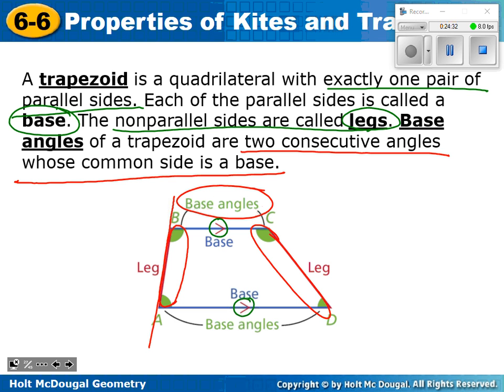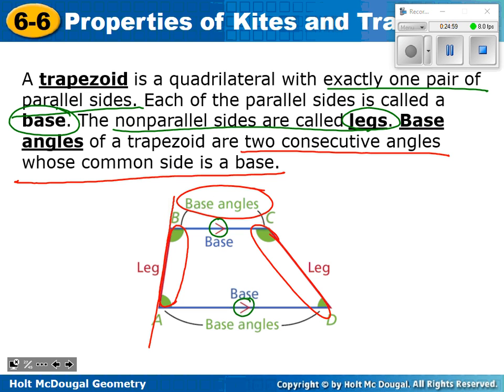Not necessarily B and C, because these are not parallel, and not A and D. So every trapezoid will actually have two pairs of consecutive angles that are supplementary. You can write that down if you want to. It's not usually listed as a property of trapezoids. It's because of the fact that we have those parallel lines cut by a transversal. So we just kind of go back to that knowledge when we look at pictures. Is everybody with me there, though?